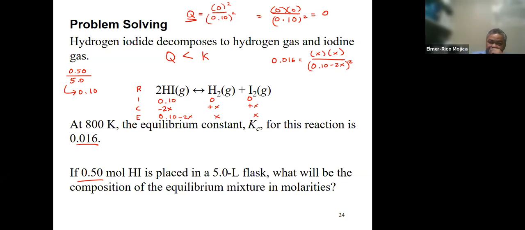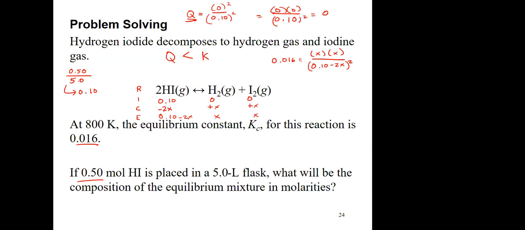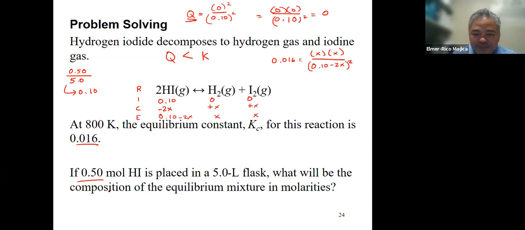Everyone follow? You would take the square root on both sides. So what will happen here? This will become x over 0.1 minus 2x, and this is the square root of 0.016. So to simplify this one, we get that.